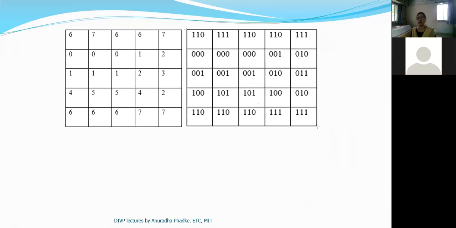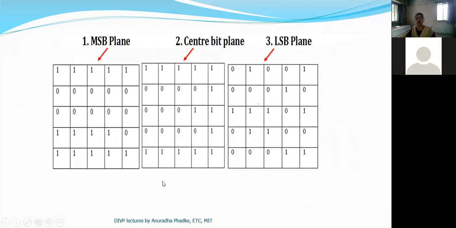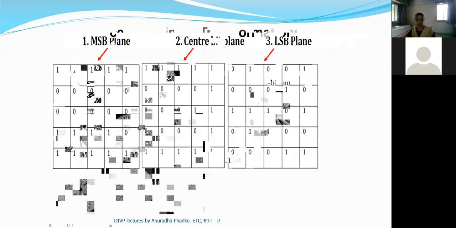Yes, Sharon, Soumya, Sakshi, Mehak, all of you have given me correct answers. If we are using 4 bits per pixel, we will get 4-bit planes. And usually we have 8 bits per pixel for representing gray images. So for those images, we will get 8-bit planes.